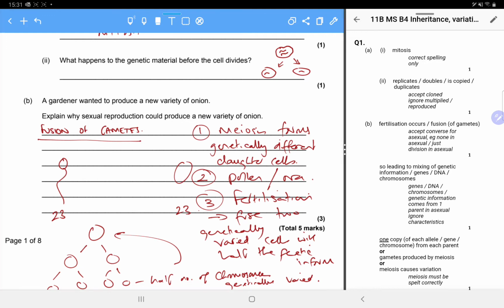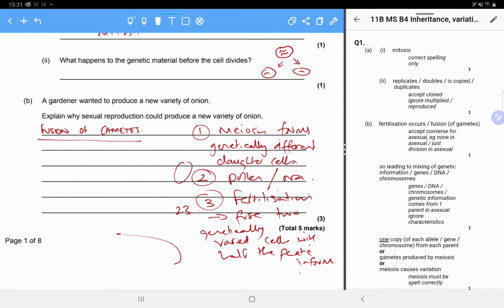Okay, so we've got meiosis forming genetically different daughter cells. In a plant, that would be pollen and ova. The fertilization of those is a fusion of 2 genetically varied cells with half the genetic information.